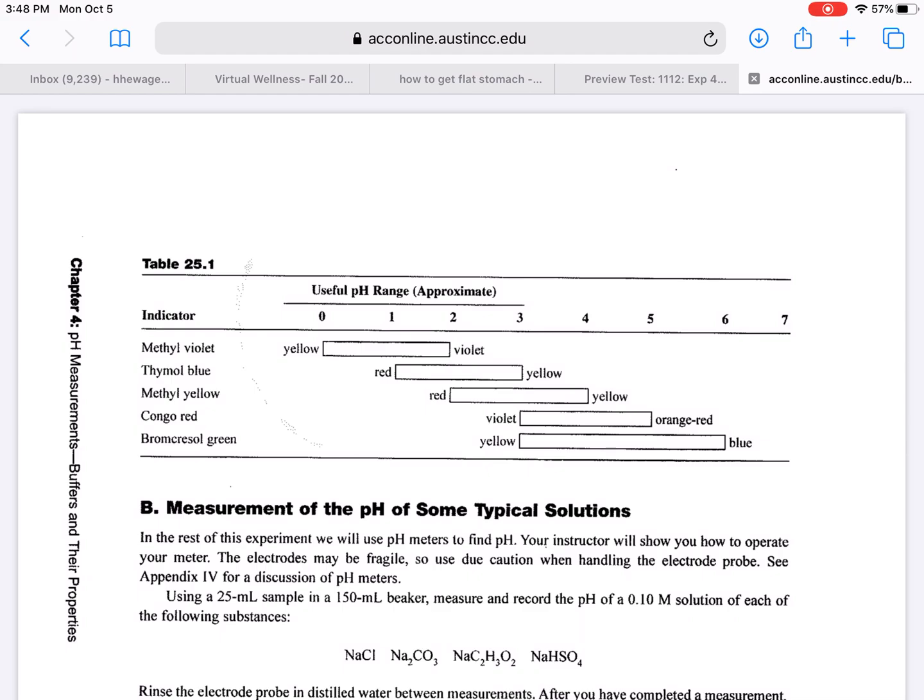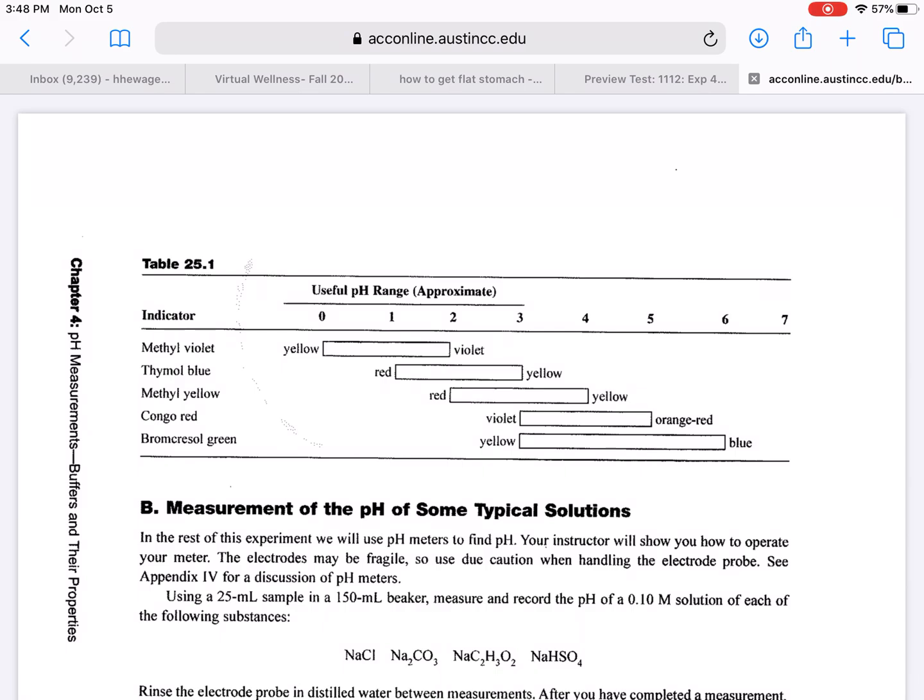Now any indicator can give you a color change. Methyl violet gives you a color change from yellow to violet. It would be yellow if the pH is 0. Let's say you put a couple of drops of methyl violet in a solution and it gives you a yellow color. That would indicate the pH is around 0.